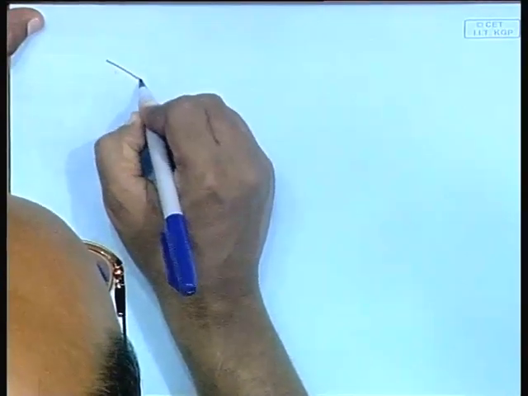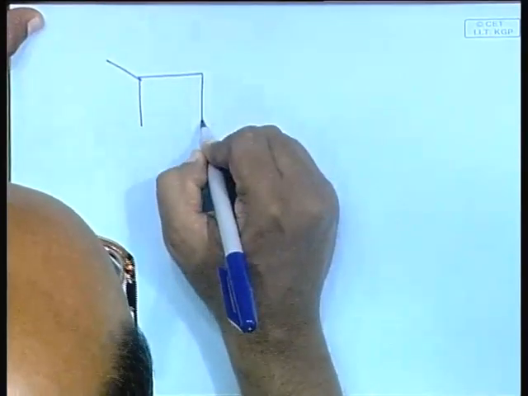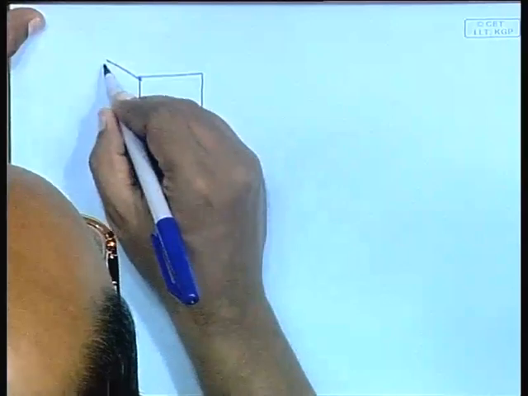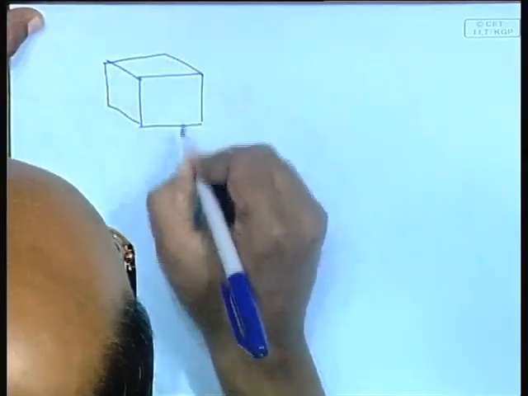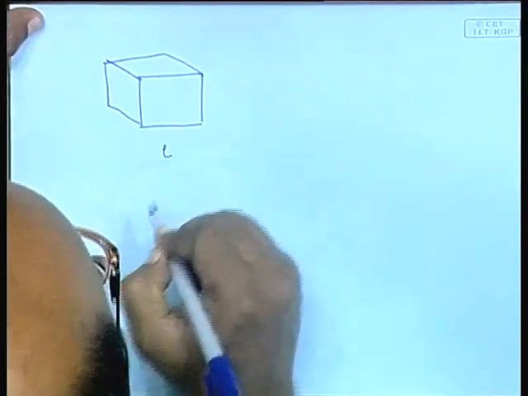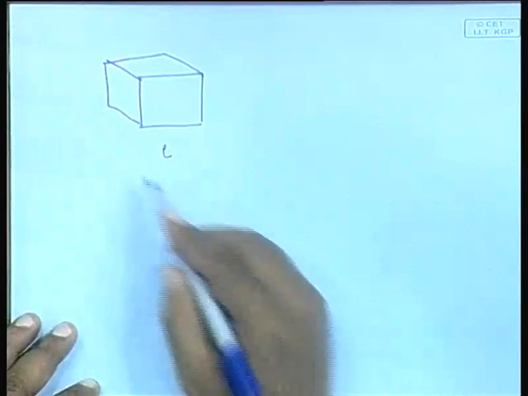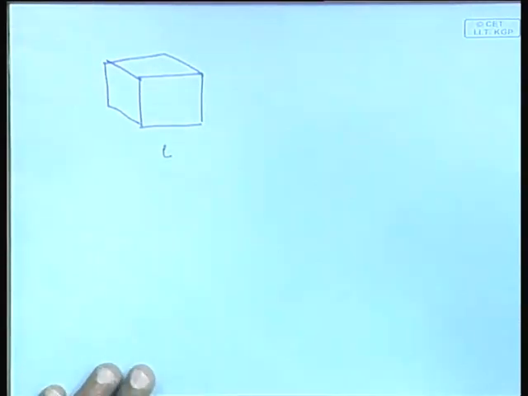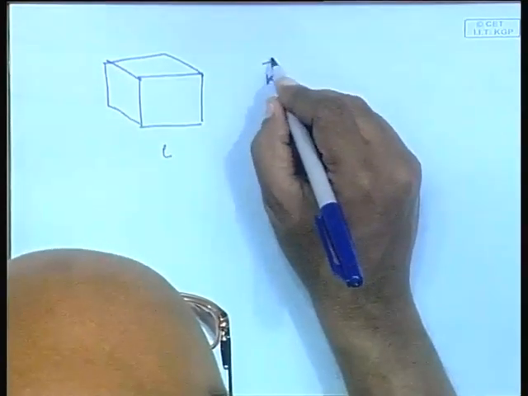So, let us go back and consider a volume of the universe, a volume of side L. So, the volume is L cube, and the modes that this volume can support are labeled by a k vector.